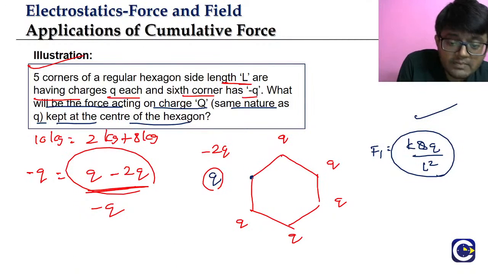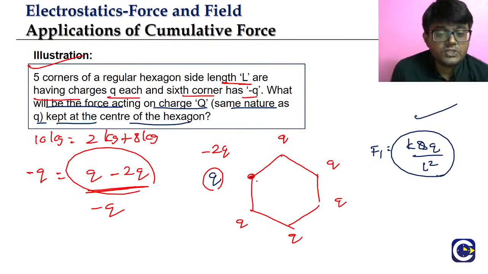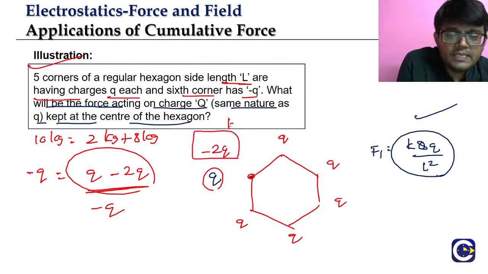Both of them are at the same corner. It is just that in place of minus q, we are assuming there are two charges. That's all. Now, for a moment, just keep this aside.